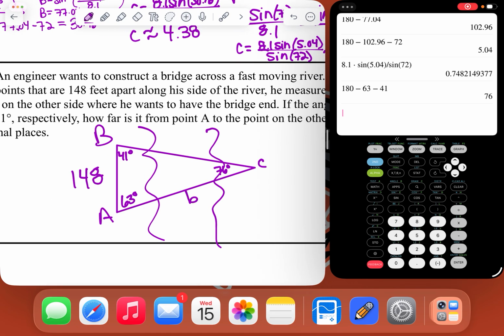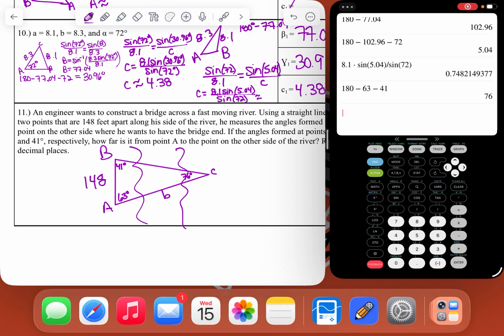And they want to know what is length B, because they're asking how far it is from point A to the other side of the river. So from here to here.